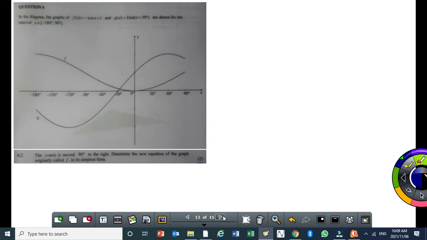Who can tell me another way of rewriting this question based on what you understood about graphs so far? Here, we are moving the y-axis to the right. How else can we do it? We can move the graph to the left by 90 degrees.